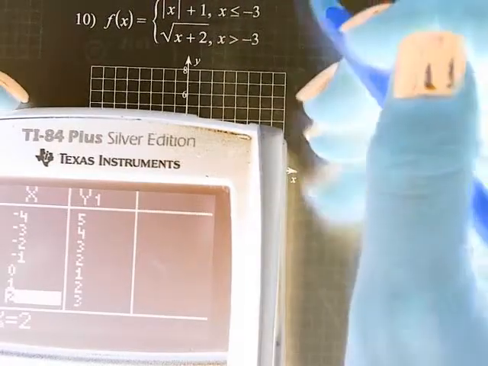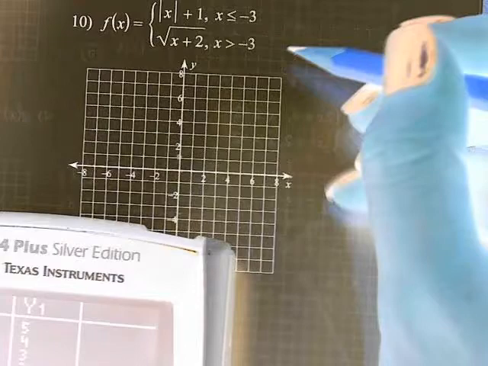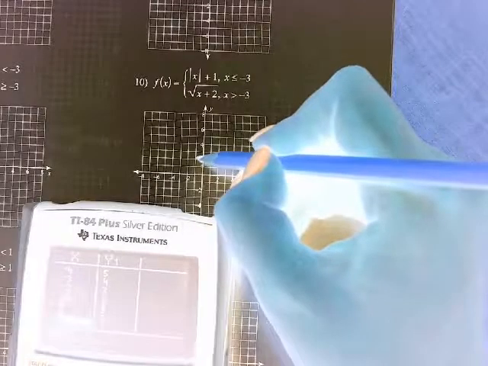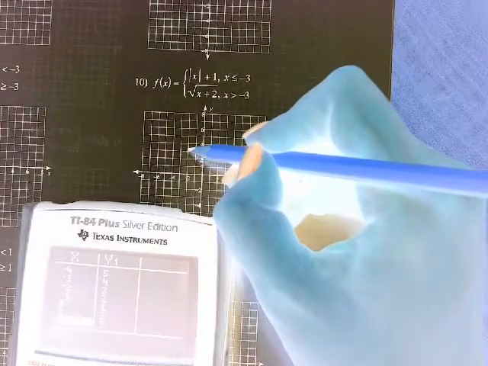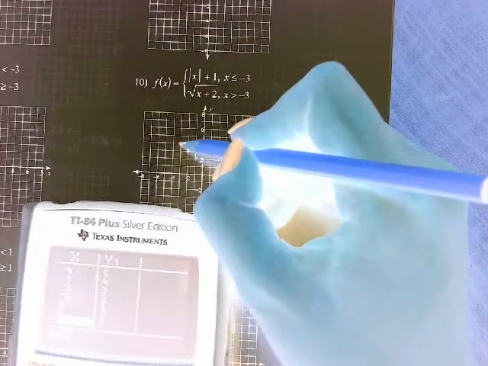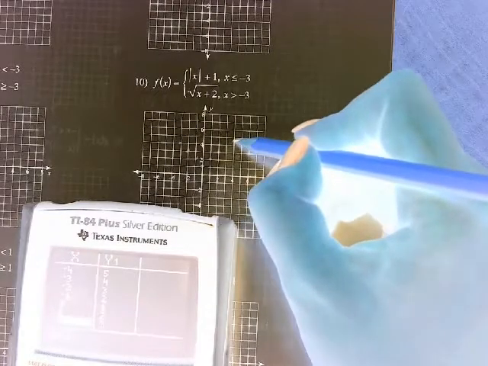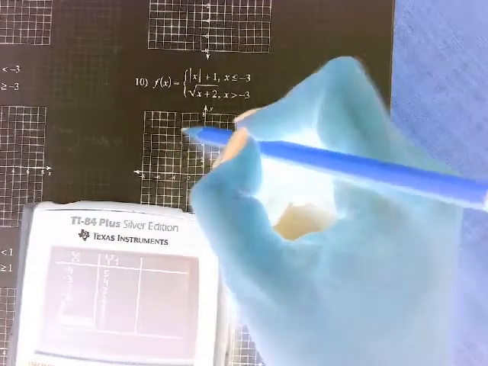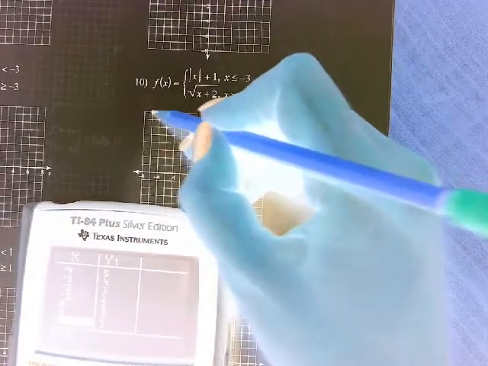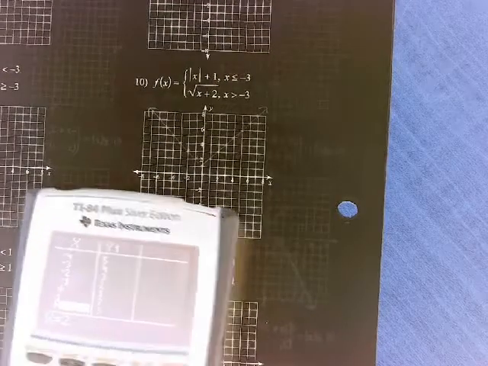All right, so the vertex is at 0, 1. -2, 3. -3, 4. +1, 2. So there's my absolute value graph.